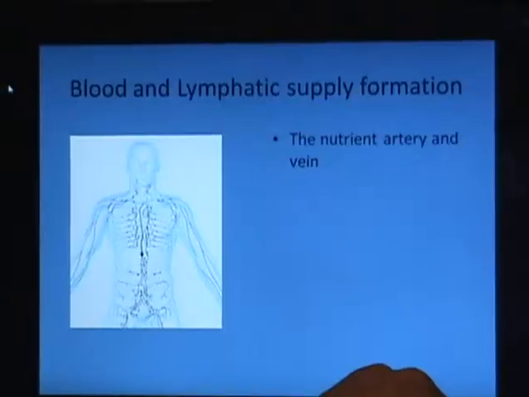There's usually only one vein and one artery to each bone, but there are exceptions, like really big bones such as your femur and your humerus. What they do is bring nutrients and minerals to your bones and keep them healthy.